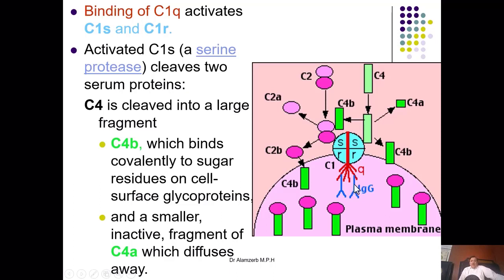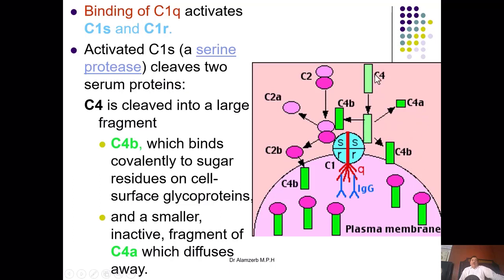Normally it is covered, but when there is an antigen-antibody reaction, when some antigen is attached to this antibody, the tail exposes the area to which the Q molecule of the C1 protein is attached. This causes activation of the classical pathway. When this attachment occurs, the S component, which has two molecules on one side, breaks down or activates the C4 into two portions, the C4a and C4b.